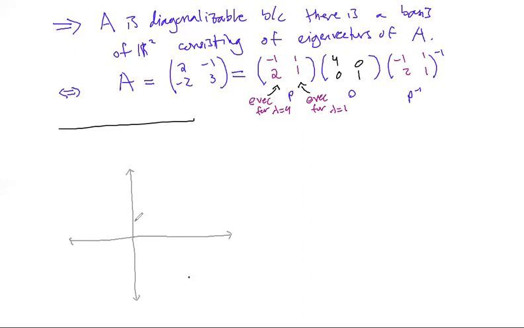So the x-axis we'll do as 1, 1. I think I've done the other order on the worksheet. But we'll do 1, 1. So this will be our x-axis. And then -1, 2 will be our y-axis.